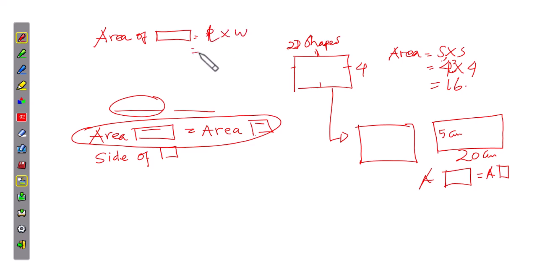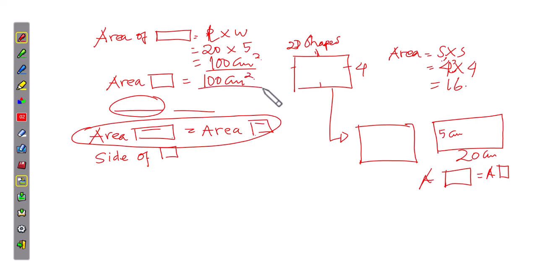The length is 20 and the width is 5, so we have 100 square centimeters. Because the area of the rectangle is 100 square centimeters, it means the area of the square is 100 square centimeters as well. This is not the answer yet because the question is about the side length of the square.